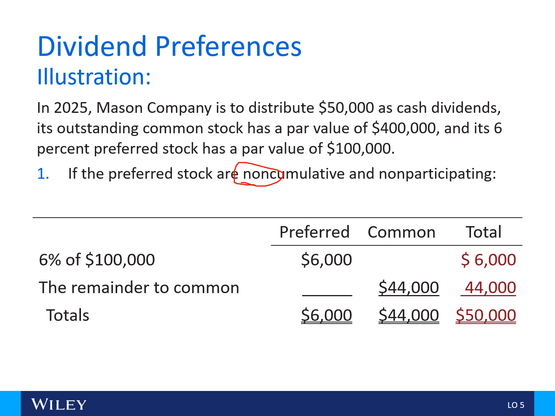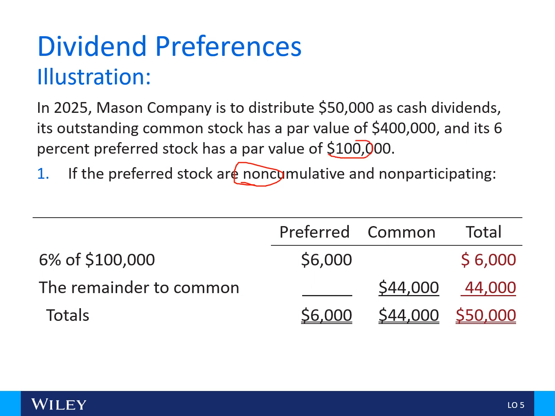But for the purposes of this class, the quiz and the exam, if you see the term non-cumulative, it means don't worry if there are any dividends in arrears. There really will not be anything in arrears because any unpaid preferred dividend is passed. In this case, they're saying it's going to distribute $50,000 as cash dividends.